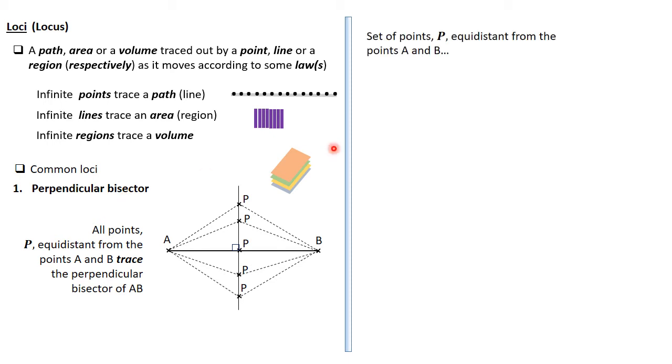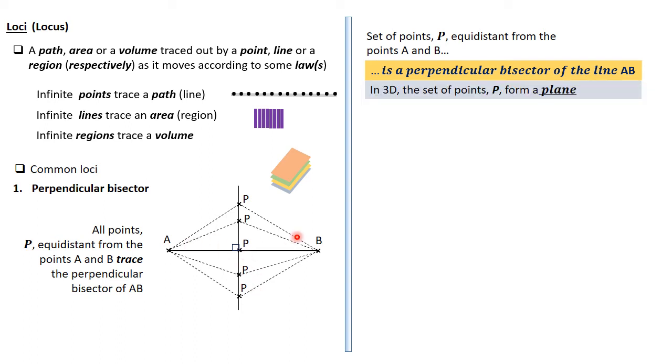Let me say this, therefore, that the set of points P equidistant from points A and B is a perpendicular bisector of the line AB. In 3 dimensions, that set of points P forms a plane.